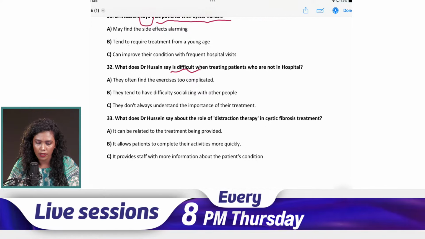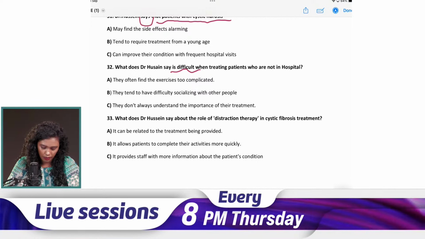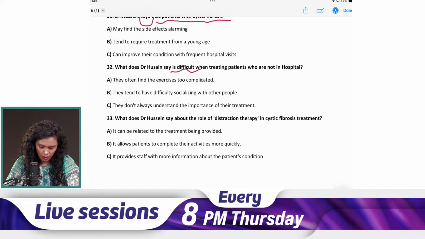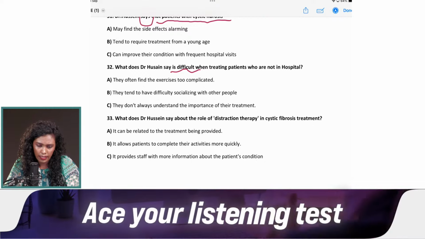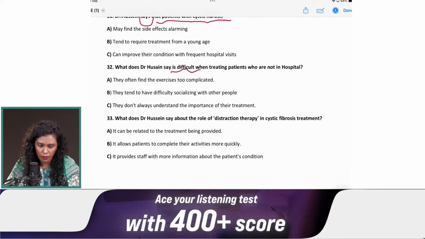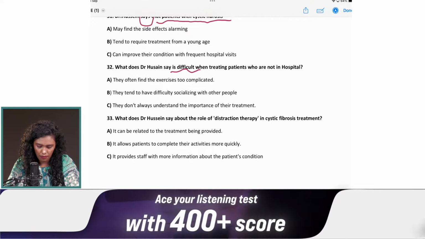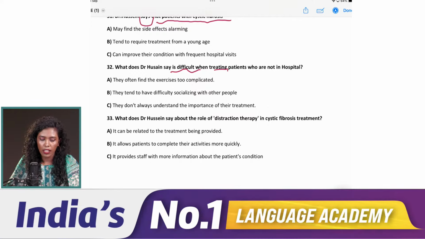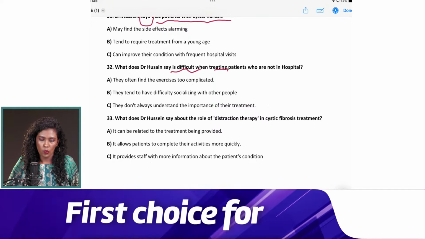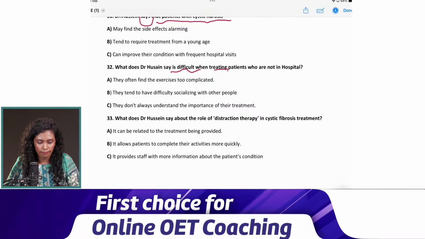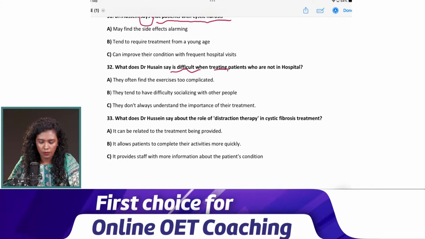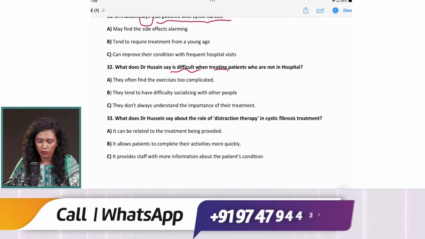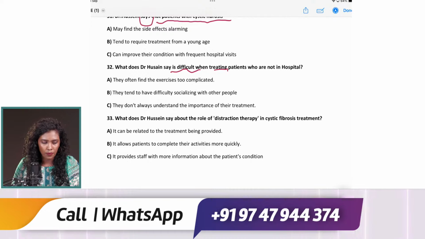Megha has mentioned that one thing is difficult. Any other information? Treating. Okay. Apart from that, which one do you think?